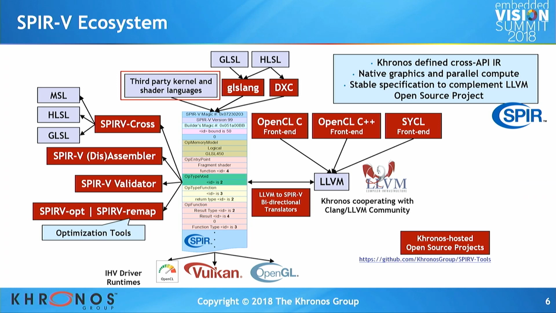But if you're building a hardware stack, that can actually become a disadvantage, and you need a stable specification. So that's why we've ended up with two, and we're trying to make the two work really well together. I won't go into the details here, but SPIR-V has a lot of tools now, optimizer tools. You can take a SPIR-V program and optimize the heck out of it. There's lots of front-end compilers and lots of back-ends, including OpenCL and Vulkan.